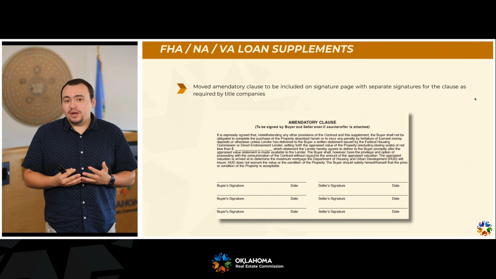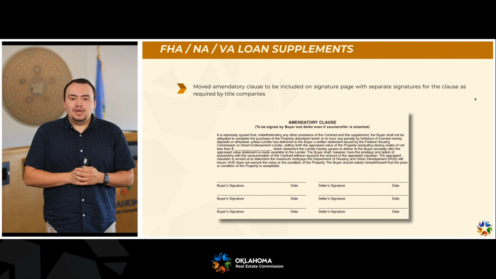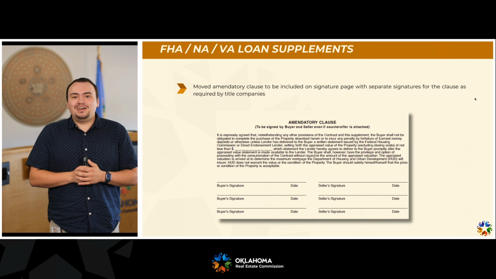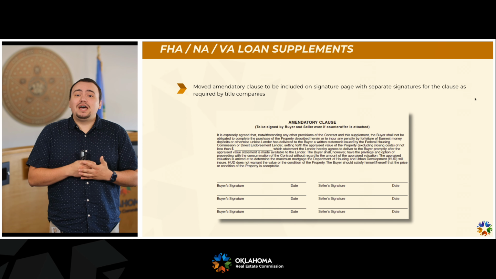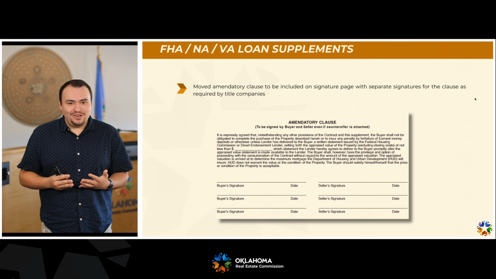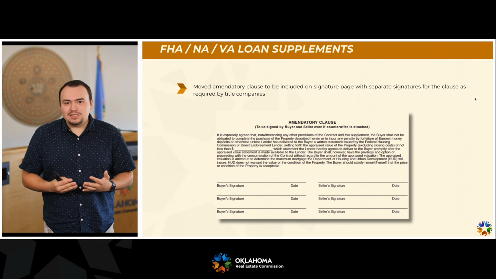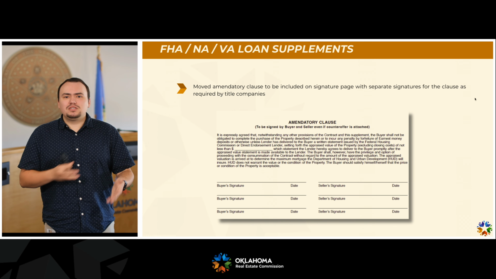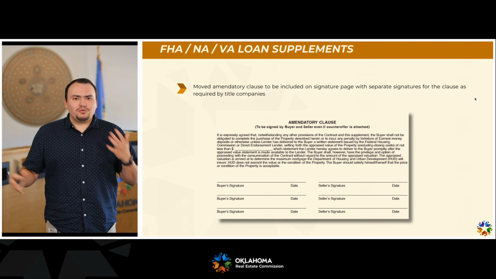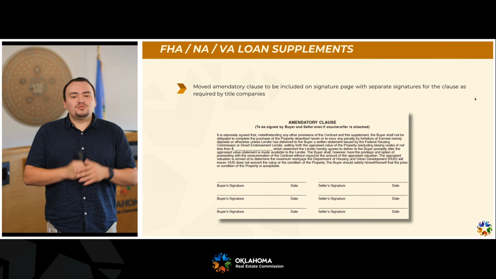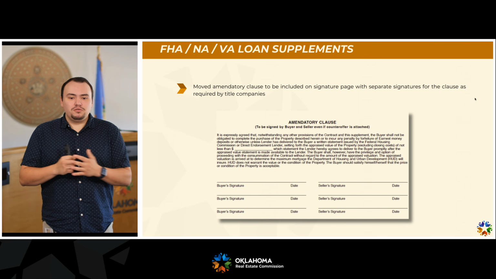And just having it incorporated in the addendum wasn't sufficient. So what was happening is that buyers and sellers were having to sign additional forms with the exact same language, but because it needed to be explicitly signed, it was creating a little bit of confusion, and we were redoing work, and so we wanted to fix that issue.